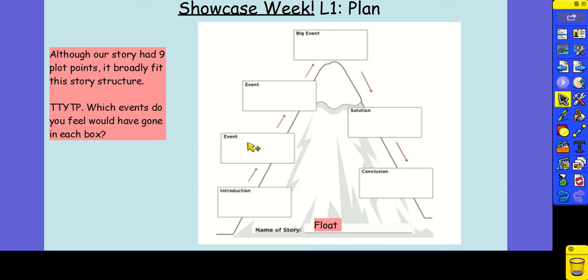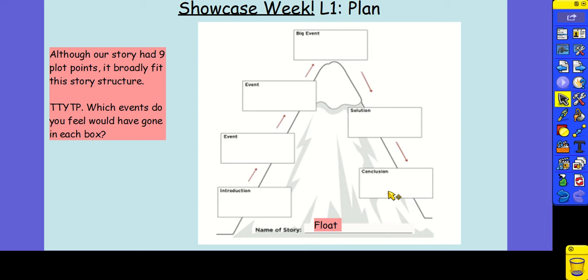There are some smaller events that build up to the big problem that the character faces. Then the character solves their problem, or there is a solution to the problem, and then the story finishes with a conclusion. Now, I know that Float had 9 plot points, not 6.